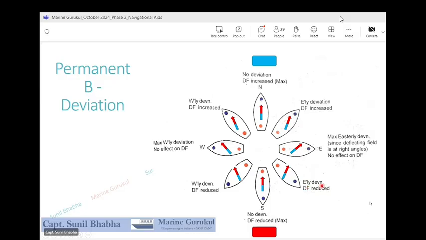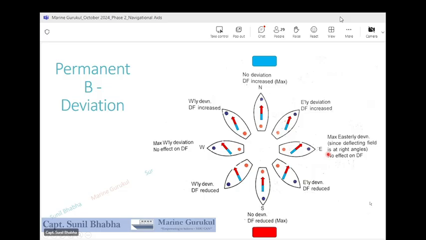But the magnitude of the easterly deviation starts to reduce now because the ship's poles are coming in line with the magnetic field of the Earth. Maximum deviation is generated when the ship's poles are at right angles to the magnetic field of the Earth, which happened on easterly heading.